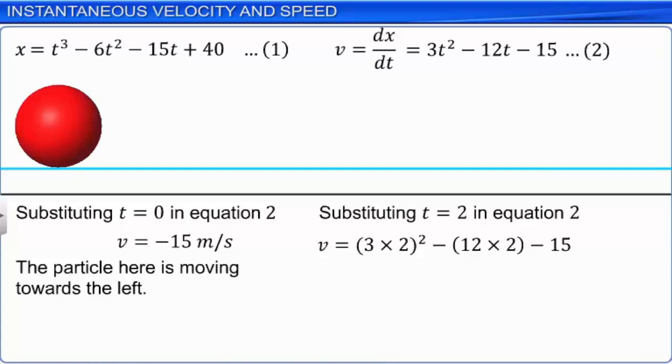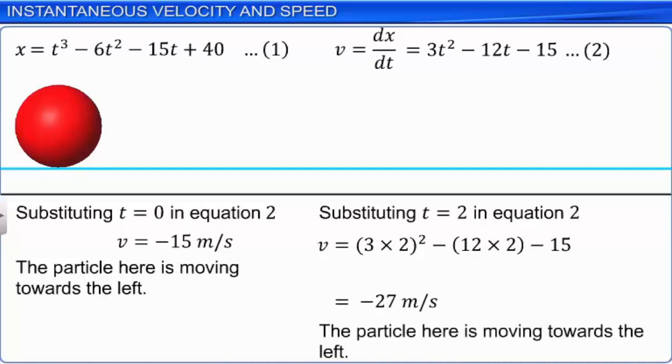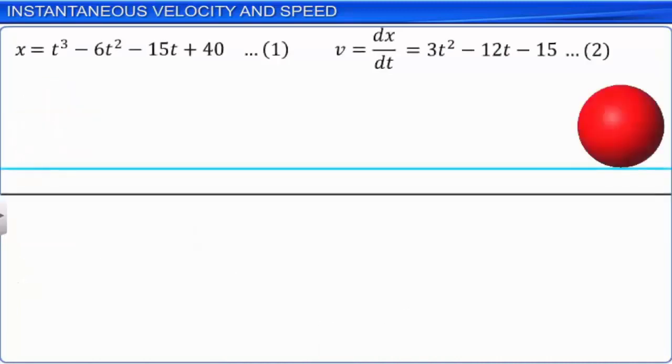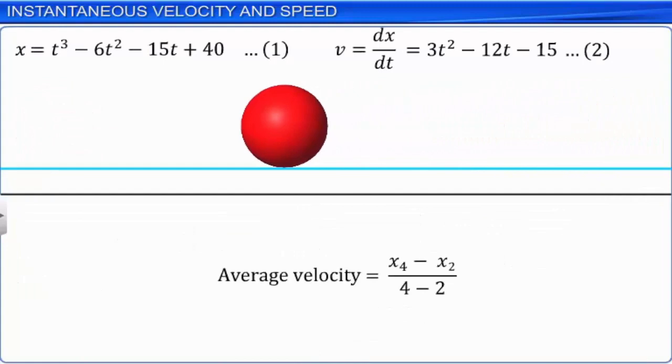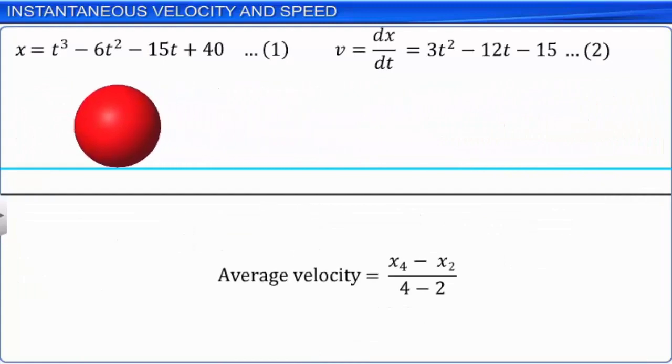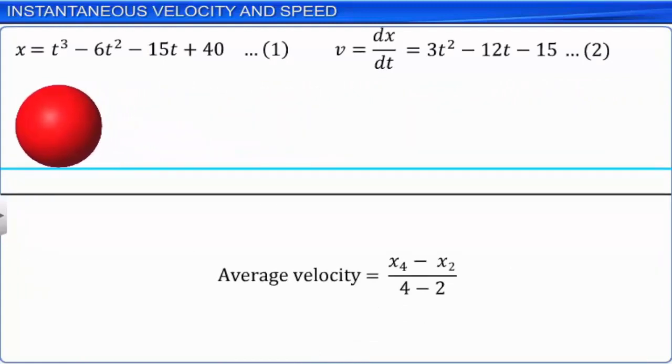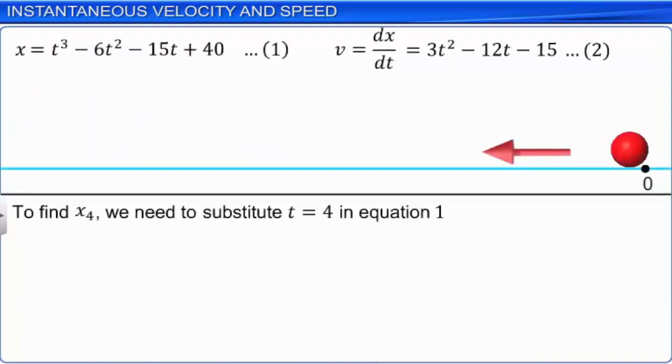Average velocity is equal to x4 minus x2 by 4 minus 2. To find x4, we need to substitute t is equal to 4 in equation 1. x4 is equal to 4 cube minus 6 multiplied by 4 square minus 15 multiplied by 4 plus 40 is equal to minus 52 meters.